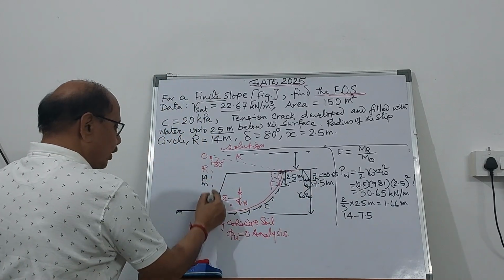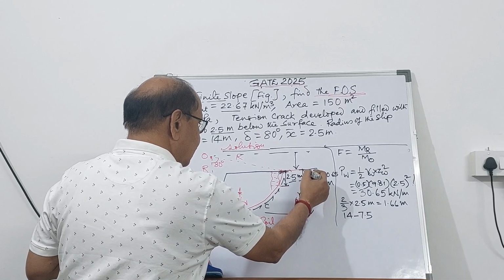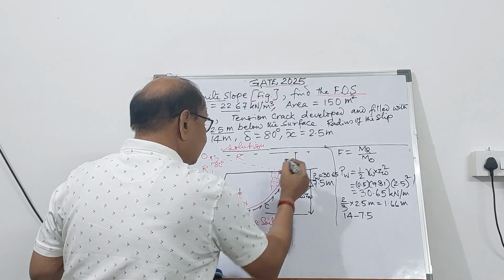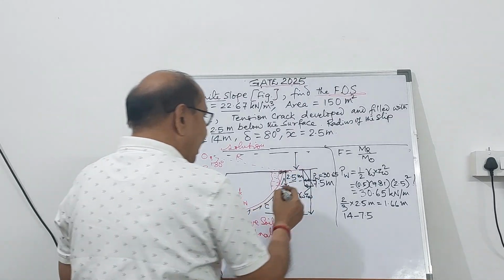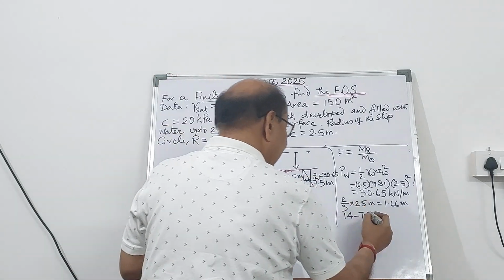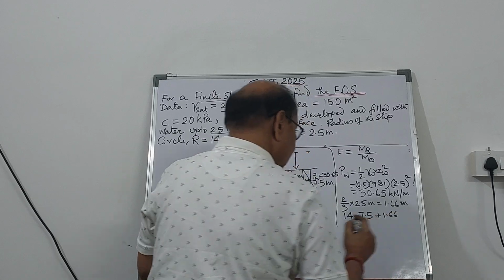So r equal to 14 minus this 7.5 will give you this distance, plus 2/3 of this, you will be getting 1.66.